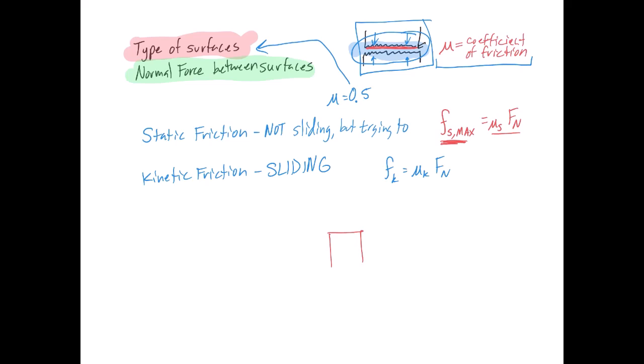We've got a box on the ground, okay? The box is sitting there. There is some type of coefficient of static friction between the ground and my box based off of what they're made of, okay? There is a gravitational force and there is a normal force. That normal force is not changing here. That's going to be equal to the force of gravity, just upwards, right?